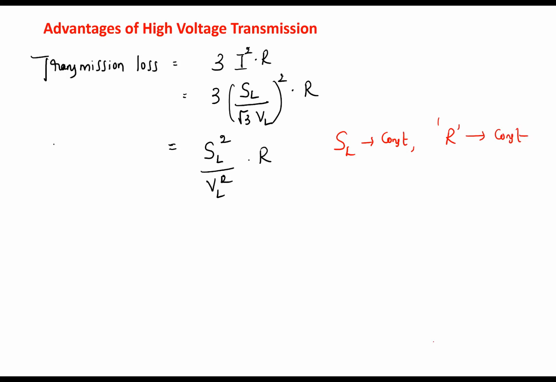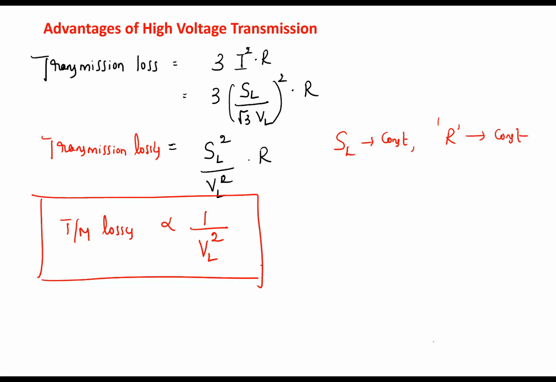So your transmission losses are inversely proportional to the square of transmission voltage. So this is one more advantage. Transmission losses will definitely reduce, but how many times? If you double the transmission voltage, your transmission losses reduce by 4 times.